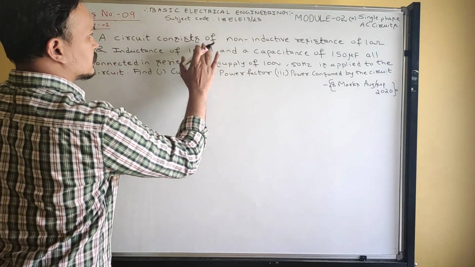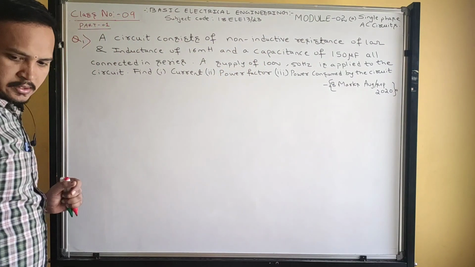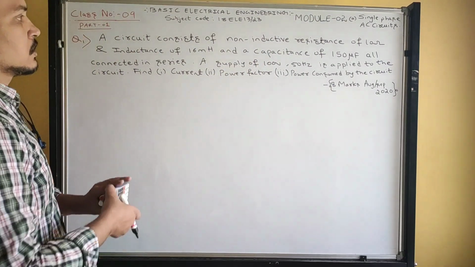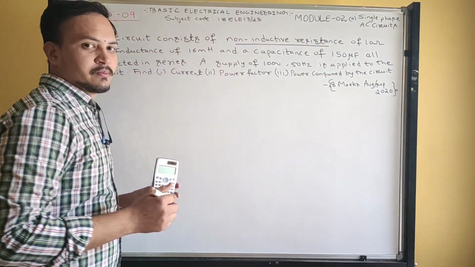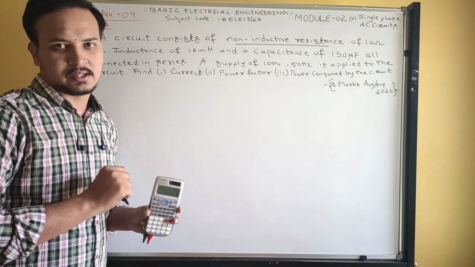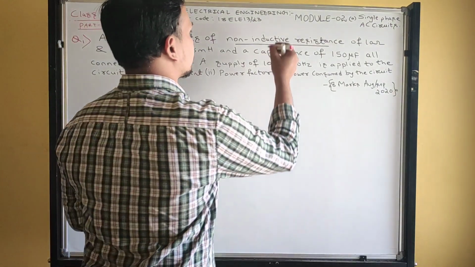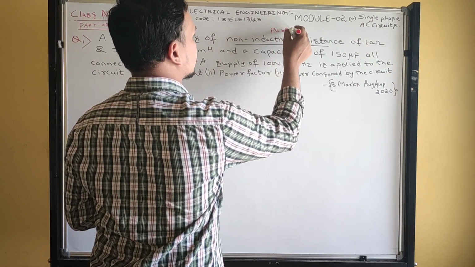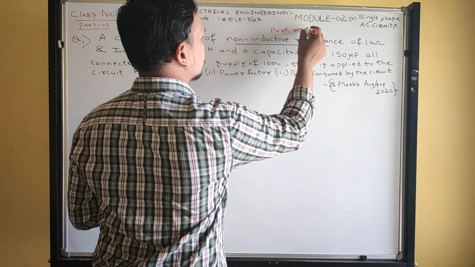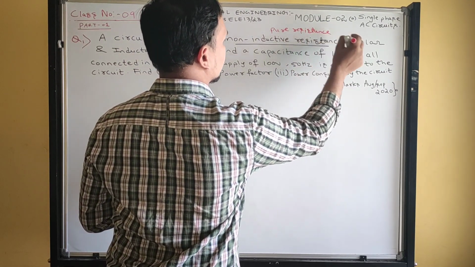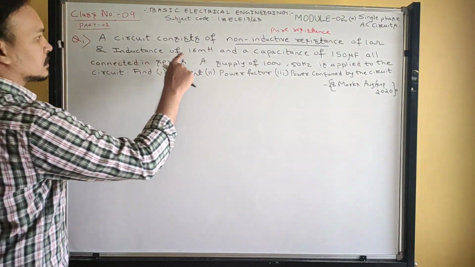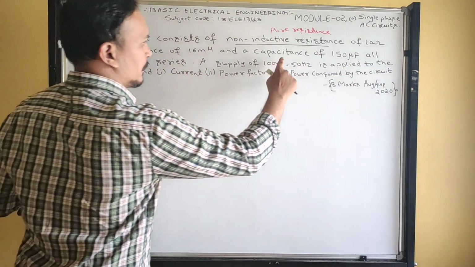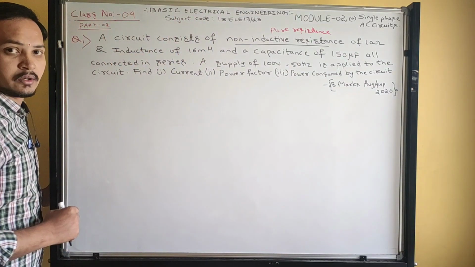A circuit consisting of non-inductive resistance. Non-inductive resistance means nothing but pure resistance. A circuit is consisting of pure resistance of 10 ohms, an inductance of 16 millihenry, and a capacitance of 150 microfarad.